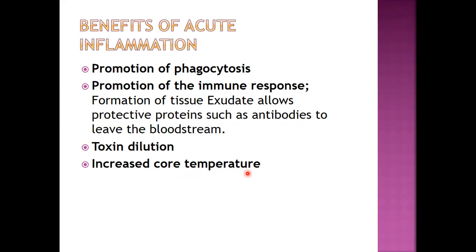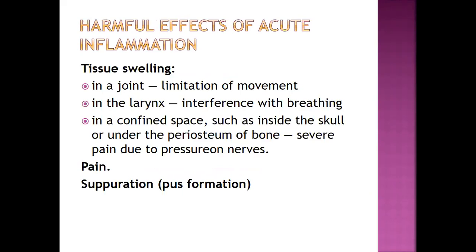Then some microorganisms produce toxins that interfere with the thermoregulatory center in the brain. So that's why patients present with fever. Then the harmful ones, when there's swelling, number one, there's limited movement. Then this may interfere with breathing if that swelling occurs in the respiratory system. Then pain, we're saying because of the swelling, it compresses the nerves and causes pain. Plus, we're saying pus can form.